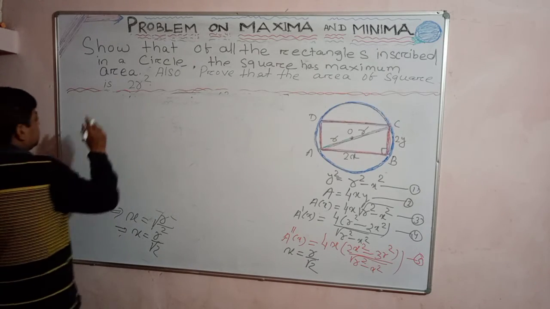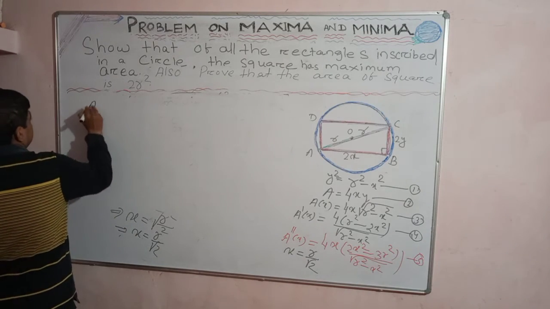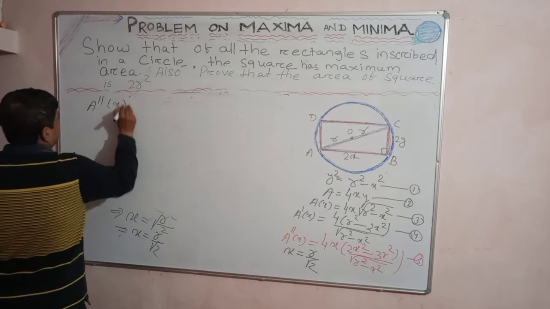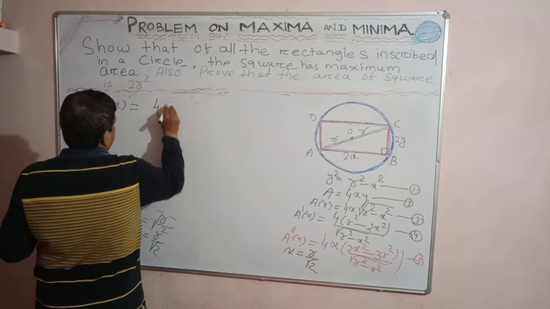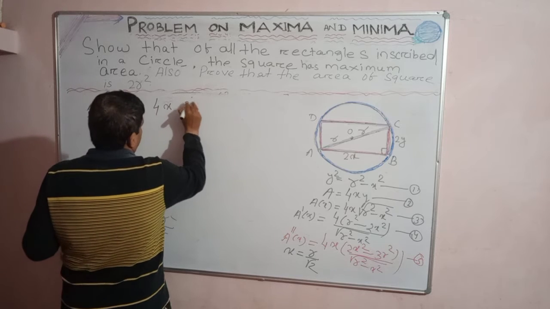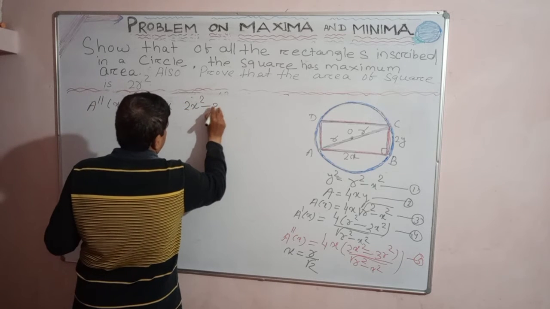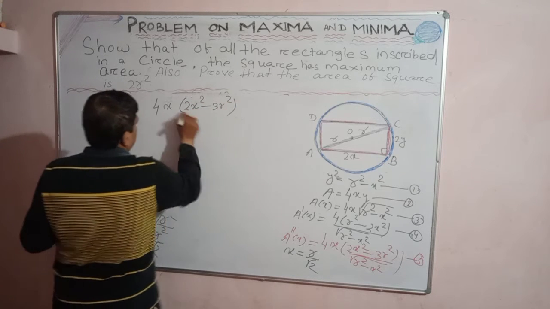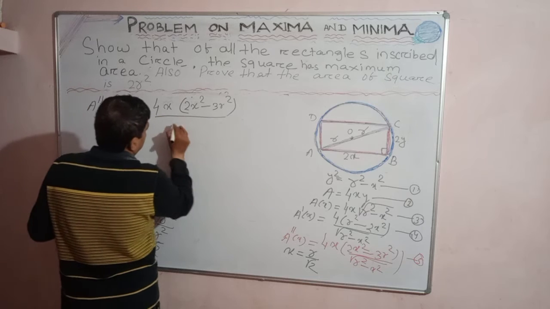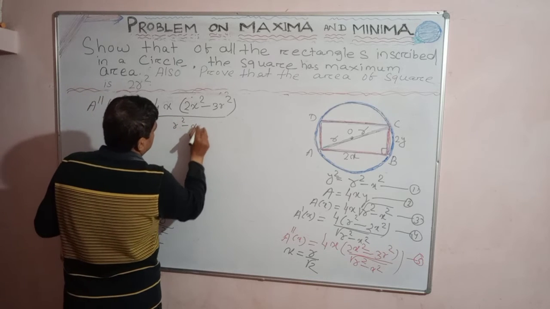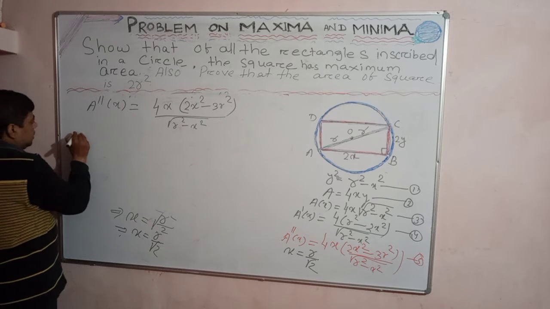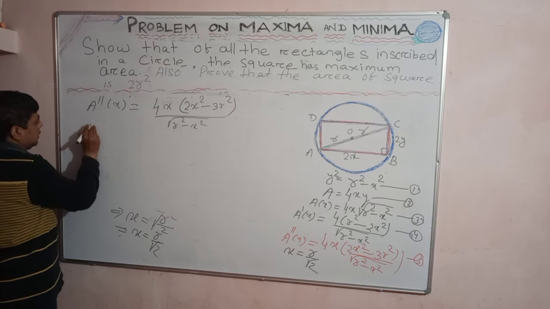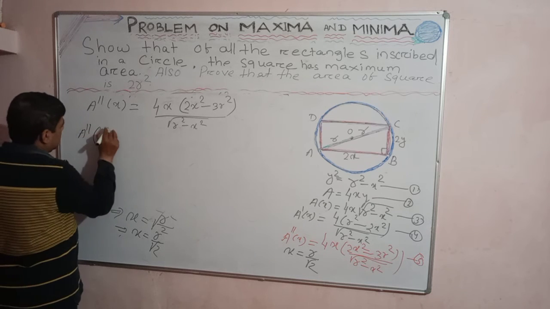Now you put the values. The second order derivative A double dash x, we have already got it: 4x into (2x square minus 3r square) divided by (r square minus x square) to the power three by two. Let us put the values. At A double dash x, here the x value is r upon root 2.